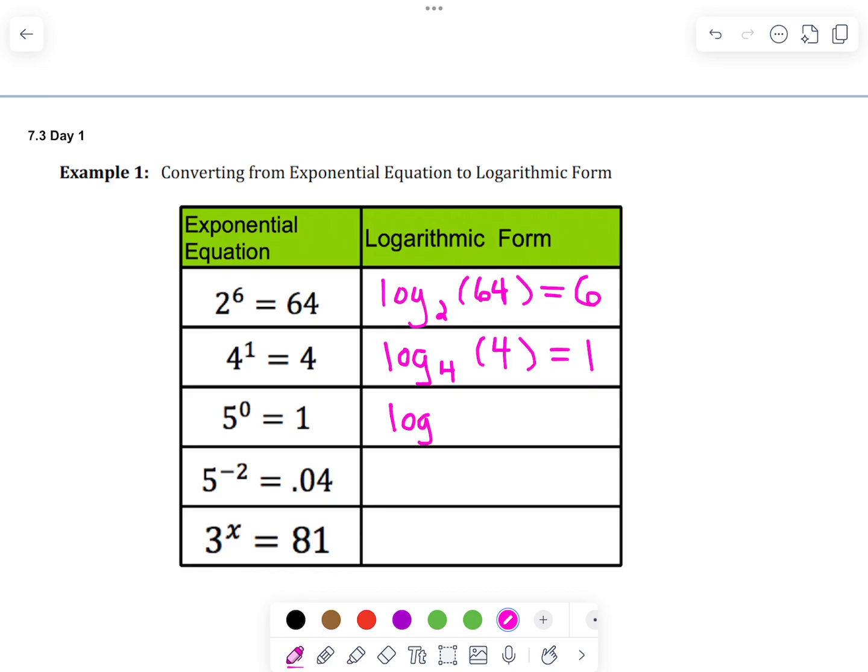Log base 5 of 1 equals that exponent number. The next one, 5 to the negative 2 power equals 0.04. So it's log base 5 of 0.04 equals -2.